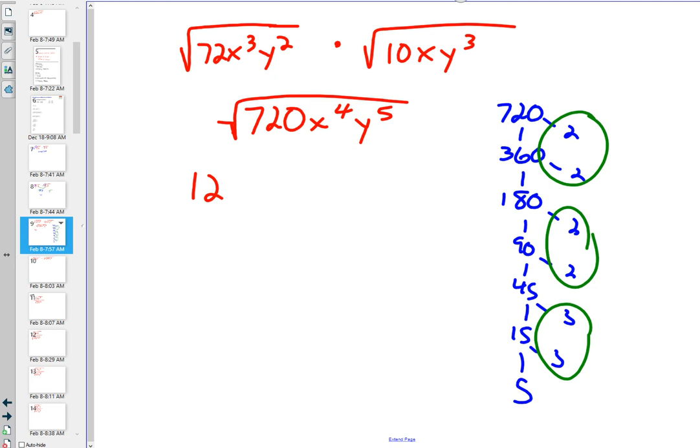How many x's can come out? 2. How many y's can come out? 2. What's staying on the inside? 3, 5, and y.